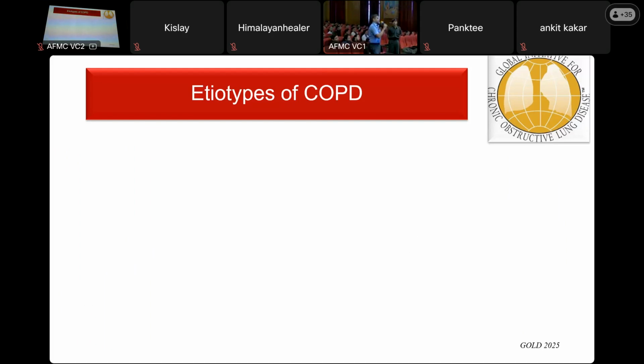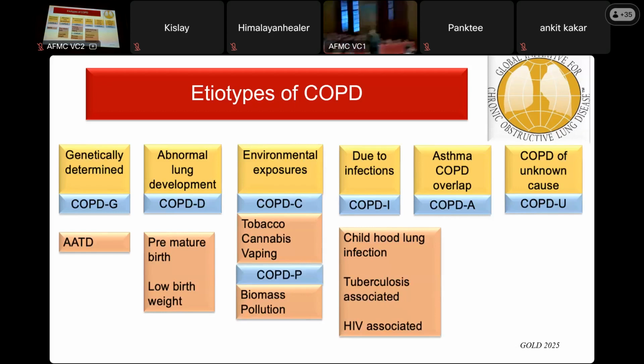It can be COPD-C, which can be because of exposure to cigarettes and tobacco, and COPD-P, which is related to biomass exposure. Then there is COPD-I, which is related to infections like tuberculosis or chronic infections, and HIV can also be a cause. Then there is COPD associated with asthma and COPD-U, which is undefined, sir. We don't have the etiology. Right. So these are the various etiotypes of COPD.